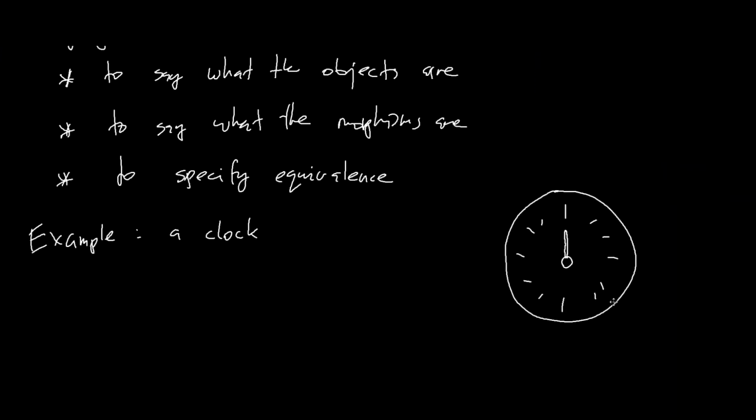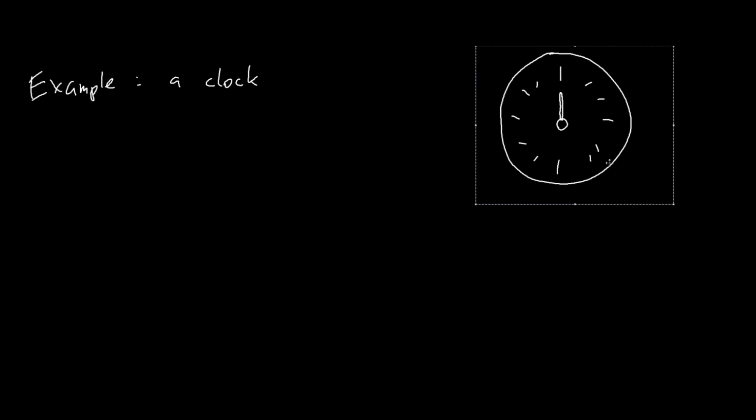But remember that we're not going to be interested in the clock through its internal structure. We're just going to represent it as a single dot. The object is the clock itself.